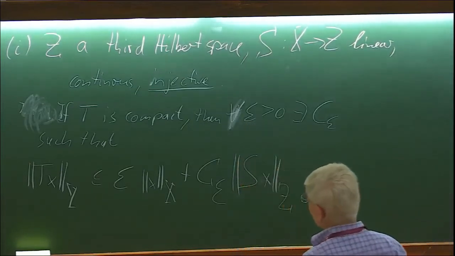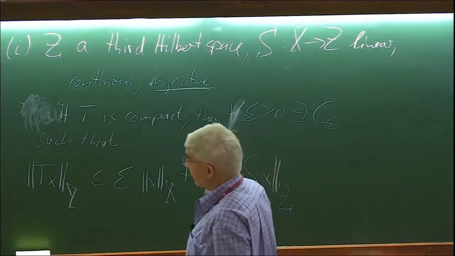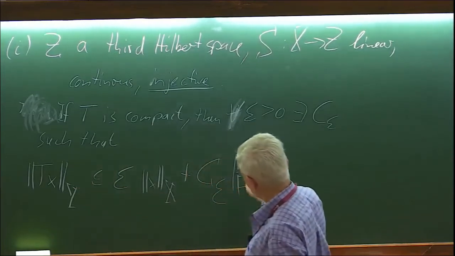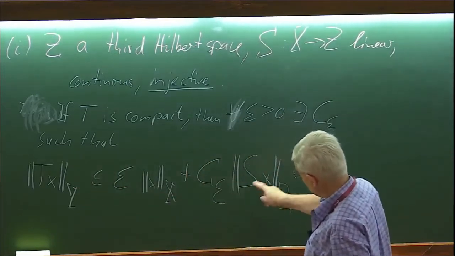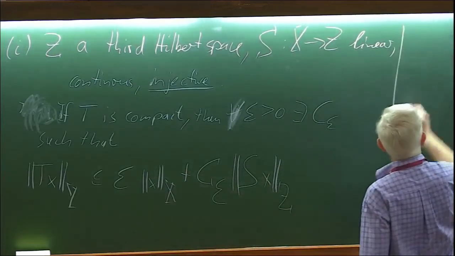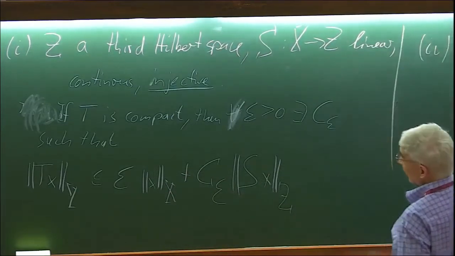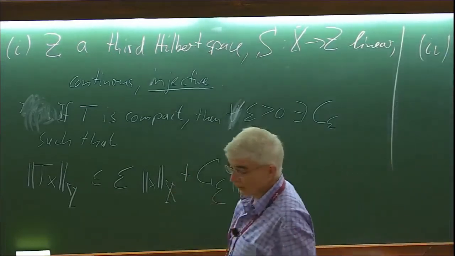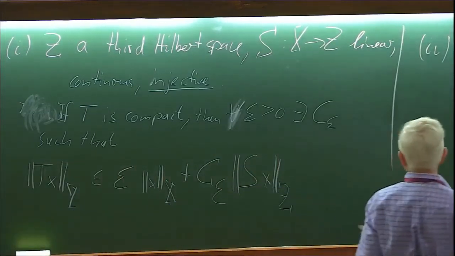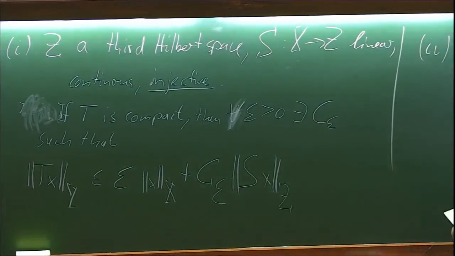When we have a compact operator on that L2 space of forms, we have this, where the last term is C epsilon times the norm in Sobolev 1. This is a necessary condition for compactness. Then the second statement gives a sufficient condition. It's not quite the reverse of this. You'll see in a moment why.